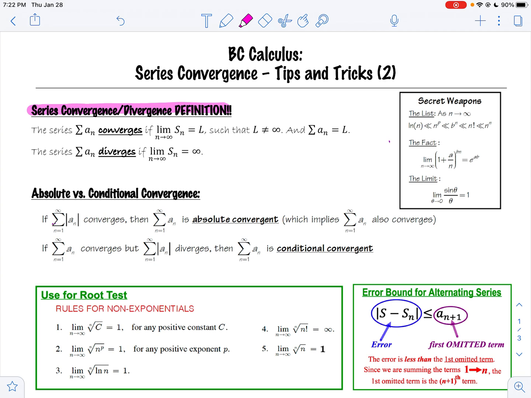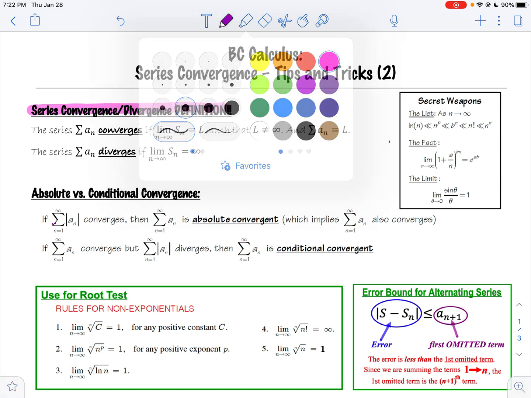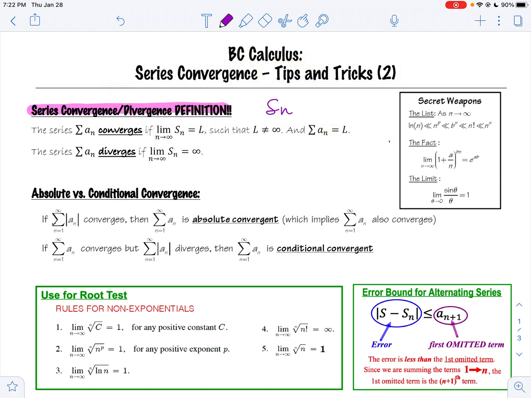The definition is based on the sequence of partial sums, S sub n, which is a sequence, right? Which means that this is S sub 1, S sub 2, S sub 3, and so on.